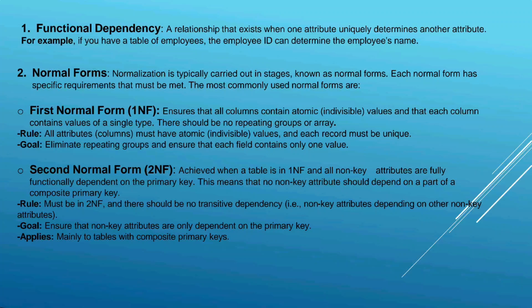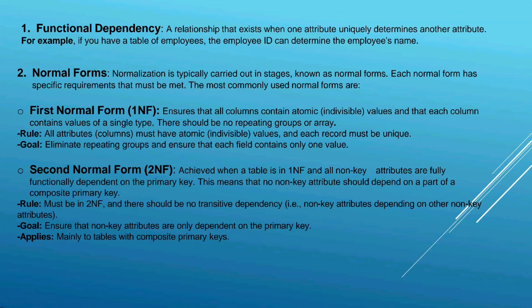There should be no repeating groups or arrays. Rule: all attributes (columns) must have atomic indivisible values and each record must be unique. Goal: eliminate repeating groups and ensure that each field contains only one value.